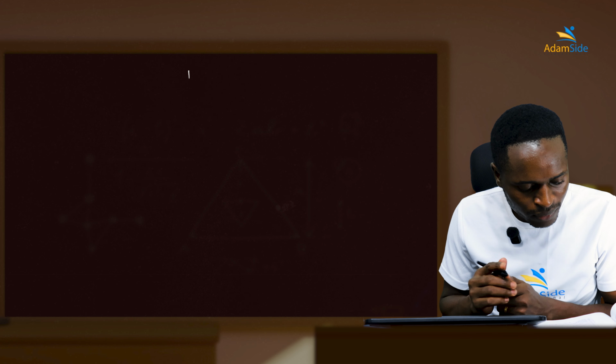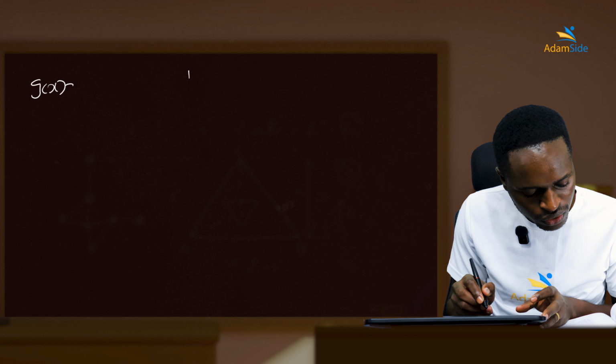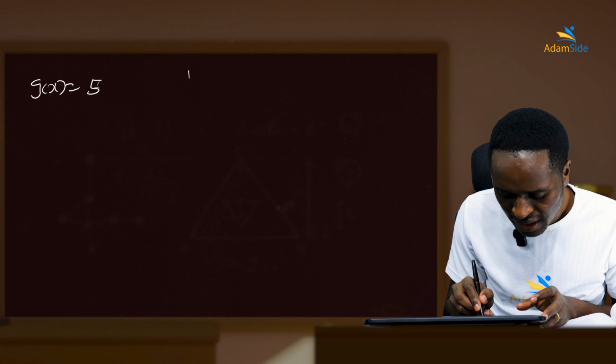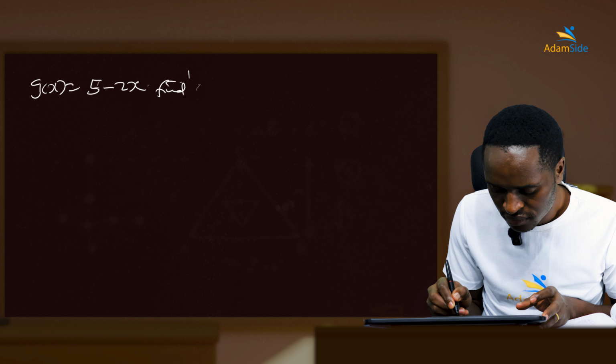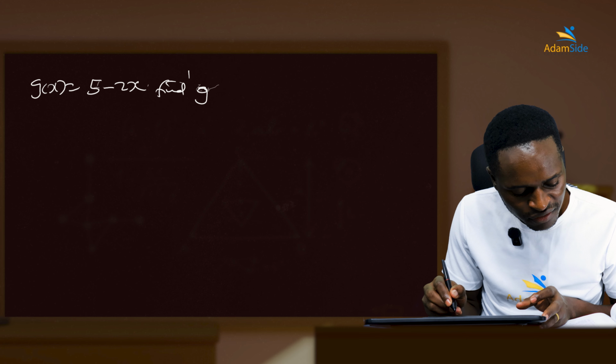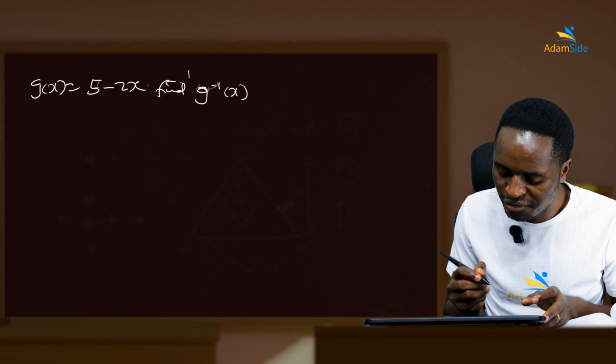Let's say, for example, given g of x is equal to 5 minus 2x, find the inverse of the function, g inverse. How do you find that?